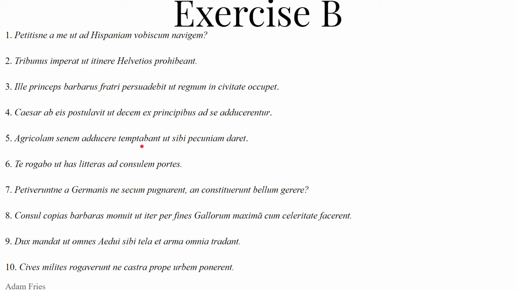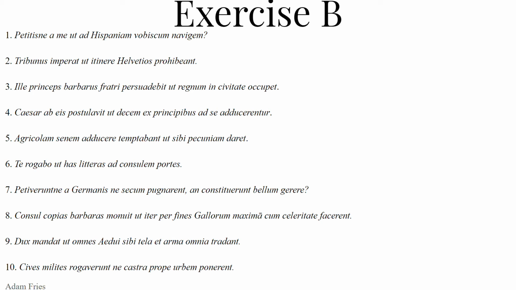The idea that the old man should give them money, it came from their brains. So they were trying to influence the old man so that he, the old man, daret, might give money to them, dative, indirect object. So this is imperfect subjunctive because we are in secondary sequence, temptabant.